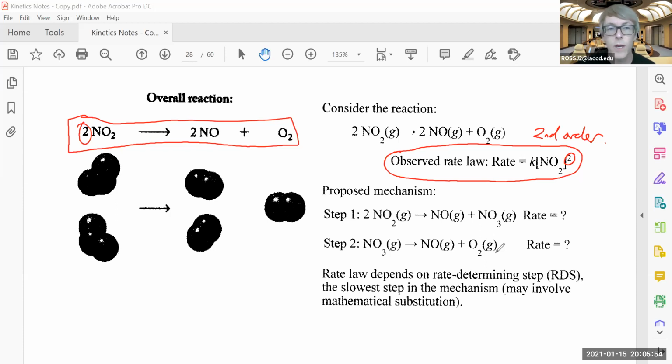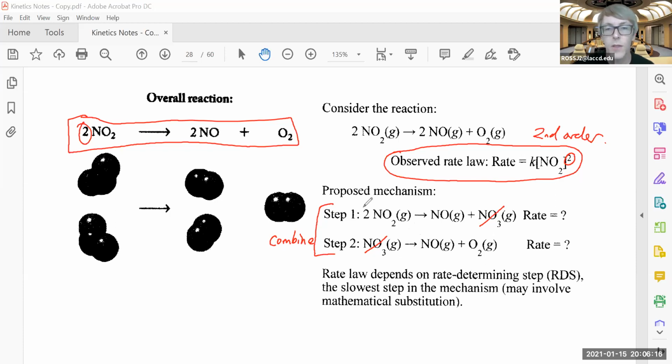And obviously, if we combine these back again, then the product NO3 in step 1 would cancel the reactant in step 2.